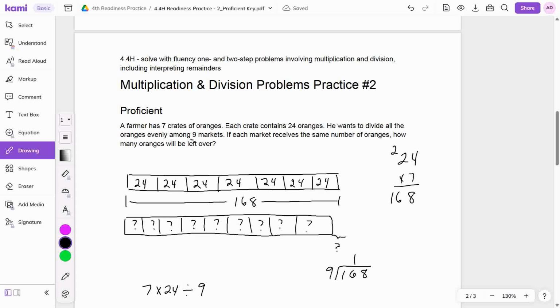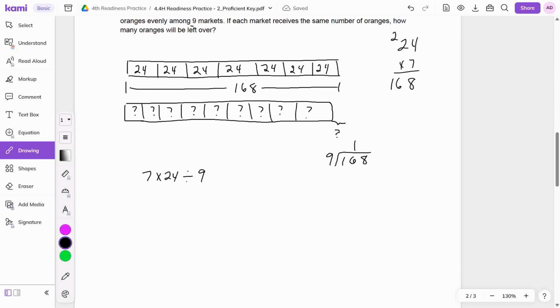So 9 goes into 16 one time. That's 9. Bring down my 7. And that's going to be 8. So 9 times 8 is 72. And there are 6 left over. So I can put 18 in each basket or each box that goes to these 9 markets, and there will be 6 left over.